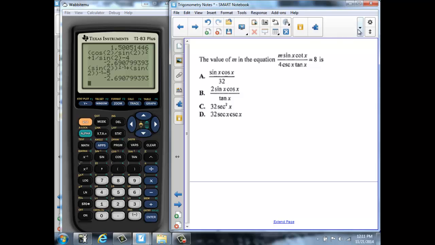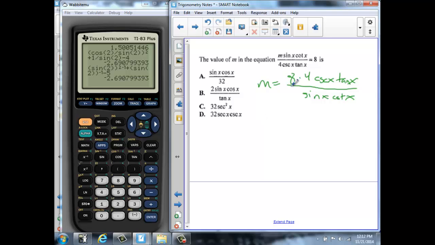Normally I'd say that's not a good way of proving things, but for our purposes this will work. So what if we were to make M equal to 8 times the 4 cosecant x tan x divided by the sine x cotan x. That's what M would be equal to.